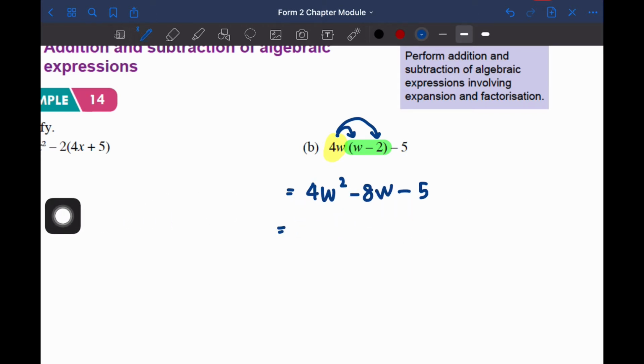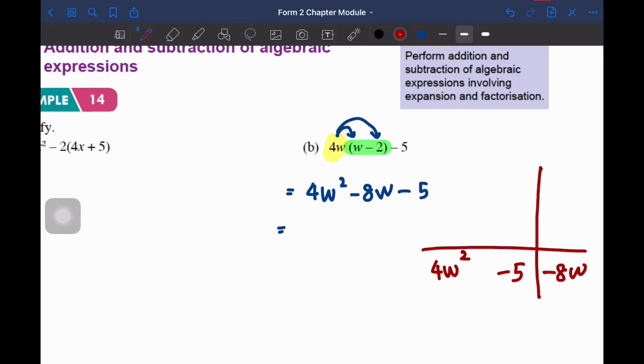So next kita try to factorize. We have 4w squared, negative 5, negative 8w. Apa nombor yang darab dapat 4w kuasa 2? Mungkin 4w times w, mungkin juga 2w times 2w.